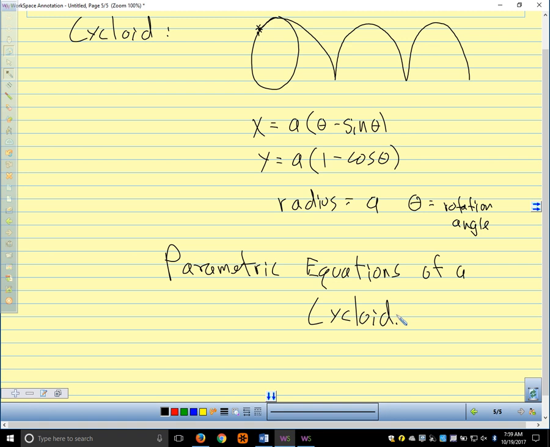It gives an example of how you would come up with this set of parametric equations. Now, what I want to do next, before I give you the homework, is there's a website, and it does animations of the cycloid and some other parametric curves, and I think it's really fun.